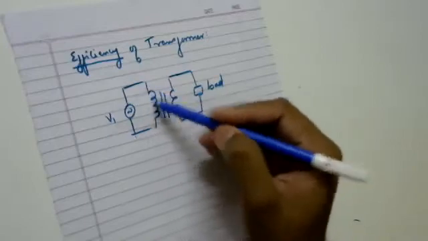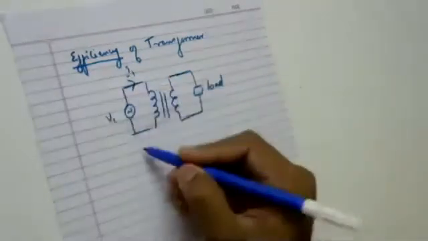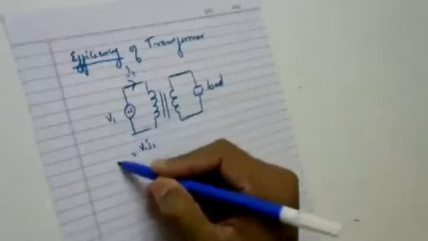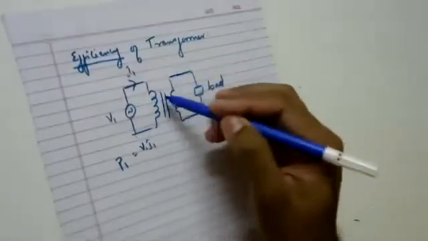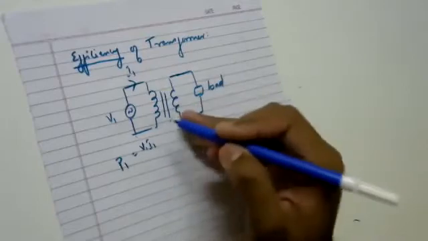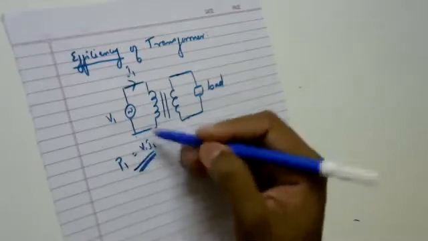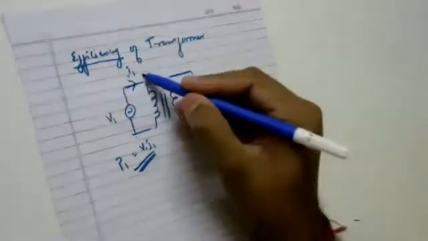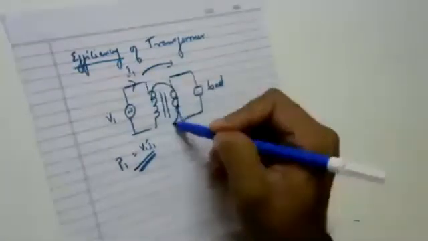When I apply the primary voltage, there will be some current in the primary part of the circuit. Let me call that current I1. So V1 into I1 is nothing but the power on the primary side, P1. The basic intention of this transformer is to transfer this power from the primary side to the secondary via magnetic coupling.